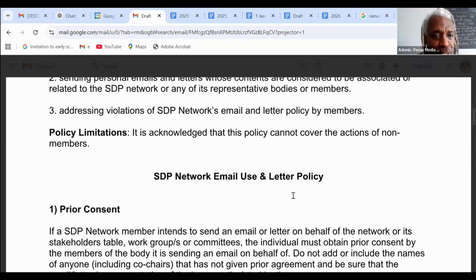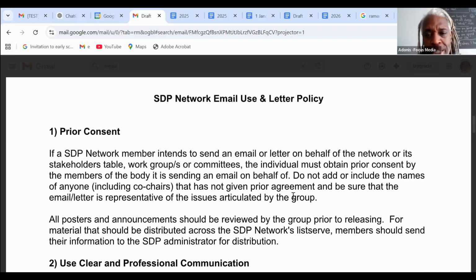And it's the limitation of this policy. It's the knowledge that this policy cannot cover the actions of non-members. So this is only for SDP members. It's only for members who are representing the SDP, and it's only for members who use the SDP or mention the SDP in their personal emails.